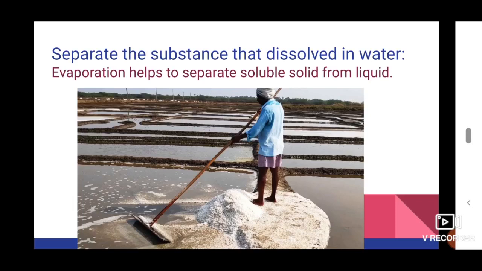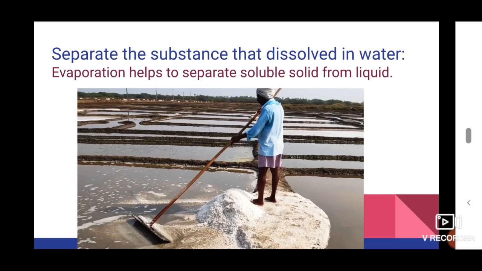In this evaporation process we can separate the soluble solid from the liquid, isn't it? So here the salt is separated from the seawater by this evaporation method. Okay. Students, do you know from where we get common salt or table salt?